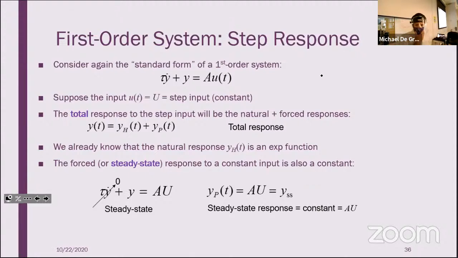So the question is, why did u of t become capital U, right? Because we're going to assume that we're using a step input. Remember, last class we went over the step input. We use capital U to talk about it.